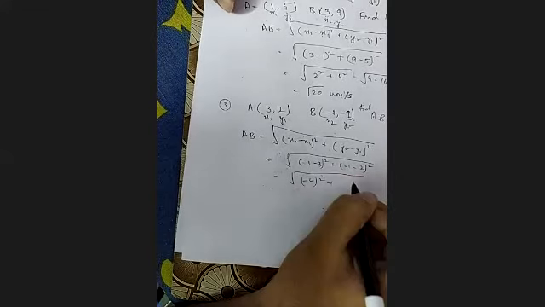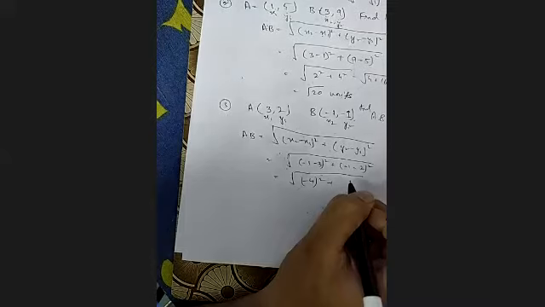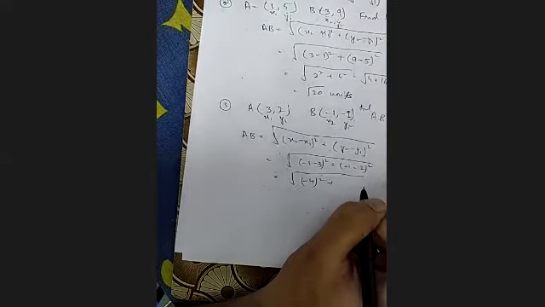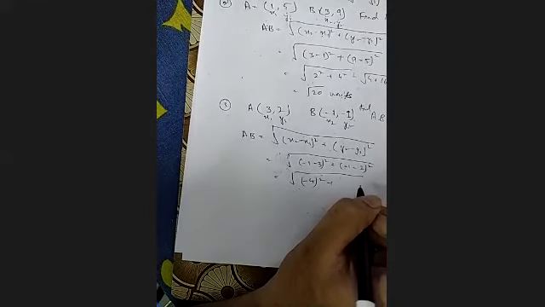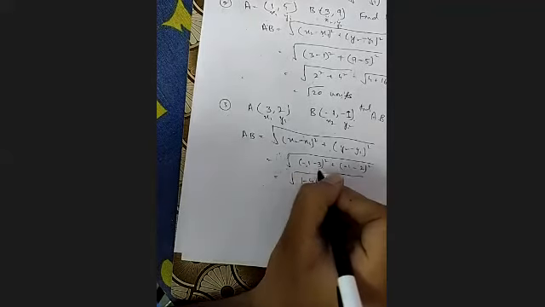Because both of them are negative. If I take 1 rupee from you, then again I take 3 rupees from you, what will be the total amount I have to pay you back? 4.